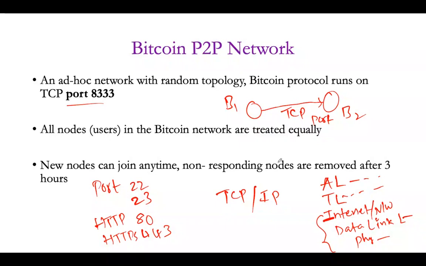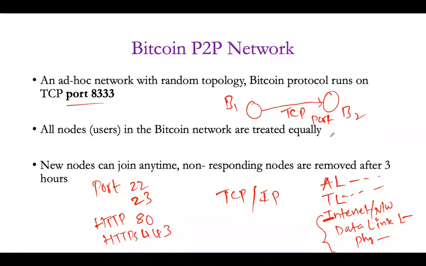Like that, to establish a connection in the Bitcoin network, it uses TCP port number 8333, which is used to establish the logical connection between B1 and B2 in the network.